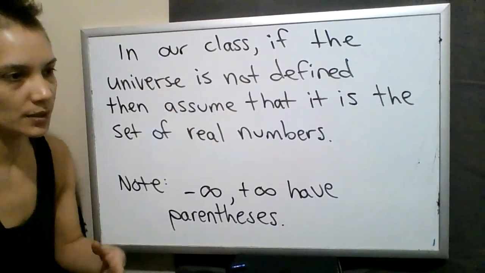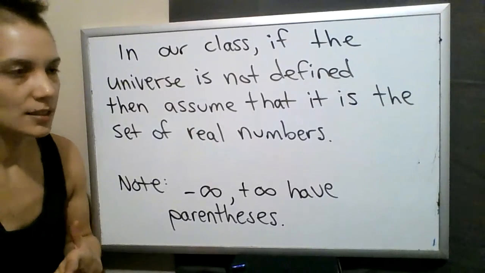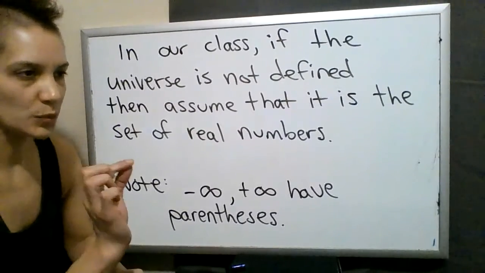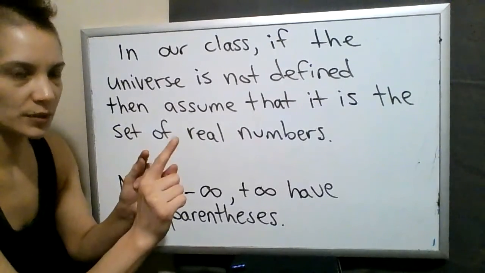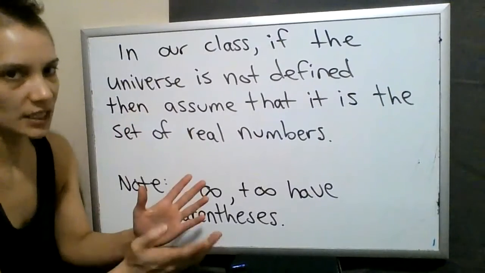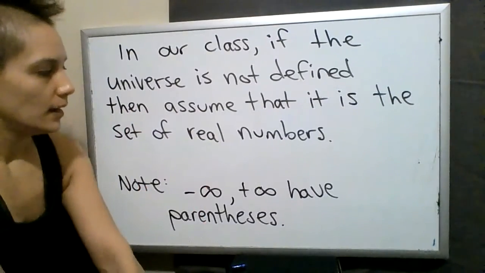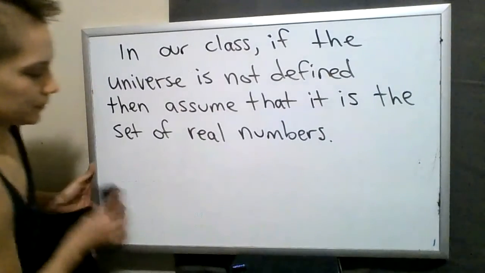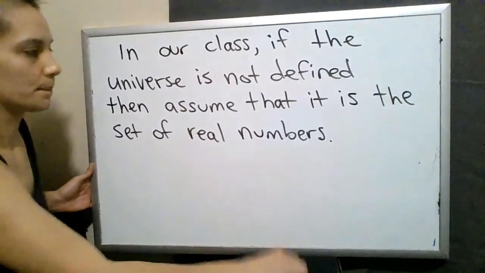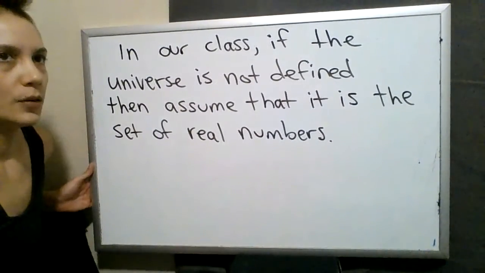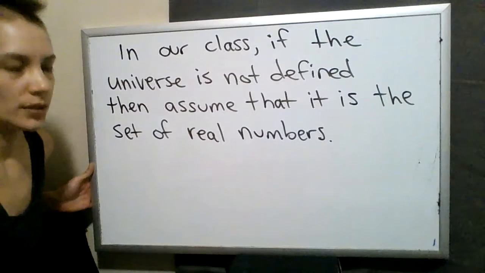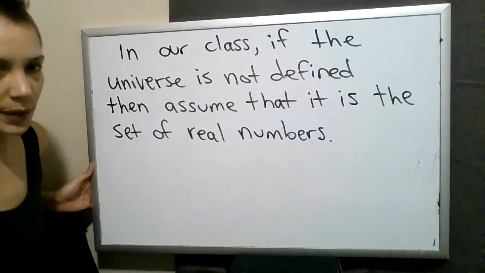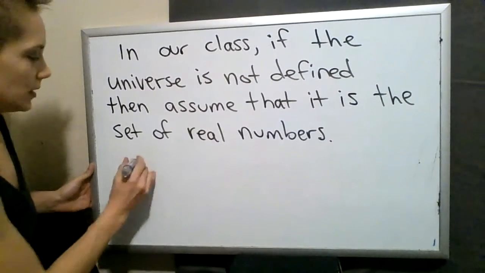Fractions are real numbers. And a repeating decimal like 3.6 with a bar is a real number. We will denote the real numbers with a capital R that has a double bar.